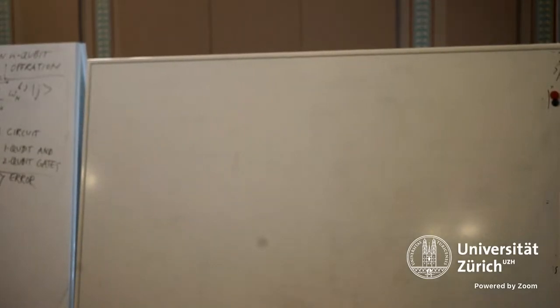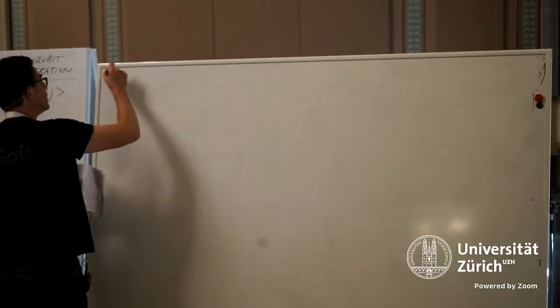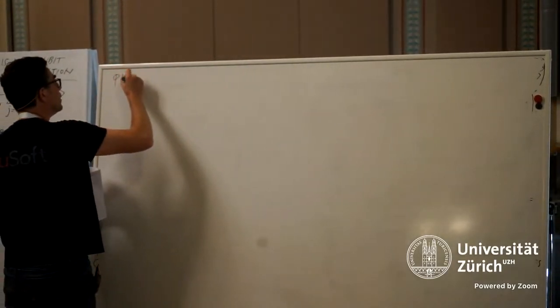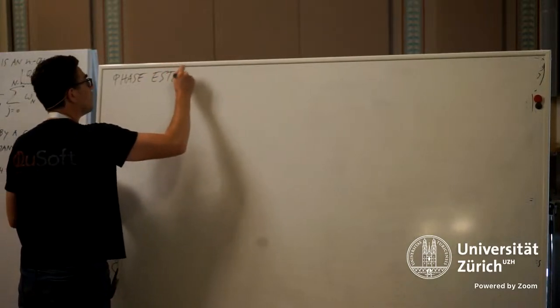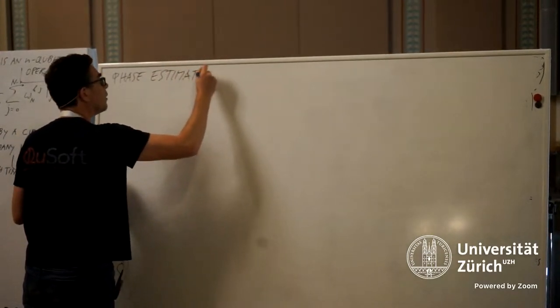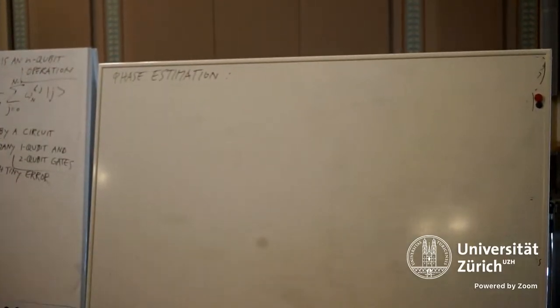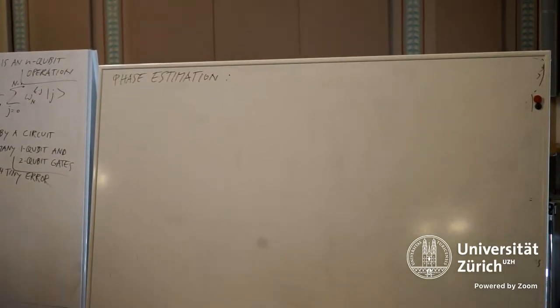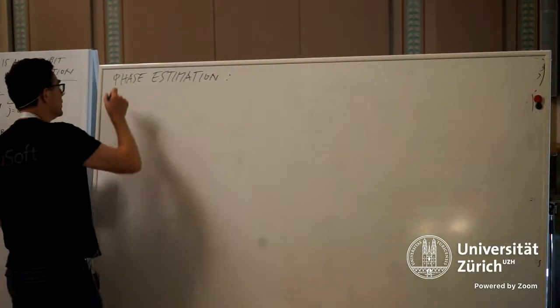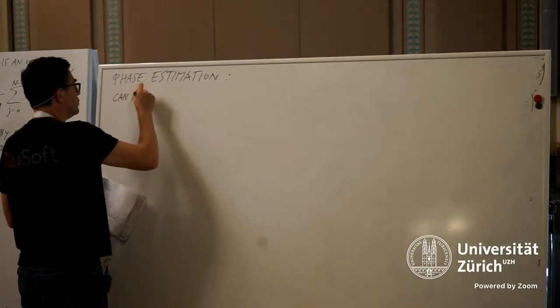Now I want to explain this thing called phase estimation. It's an inherently quantum problem, but it's very useful also when you want to solve classical computational problems. The idea here is that somebody gives us the ability to apply a certain unitary U, and they give us one eigenstate of U. So we can apply a unitary U even many times if we want to.